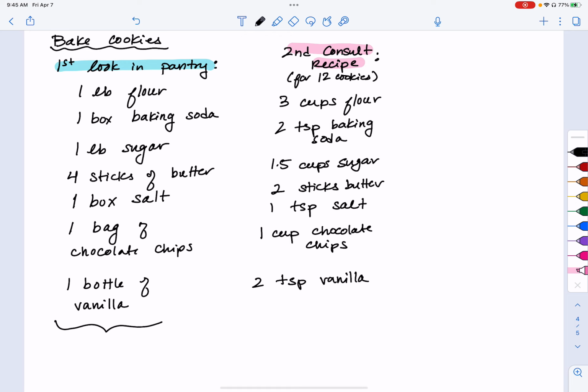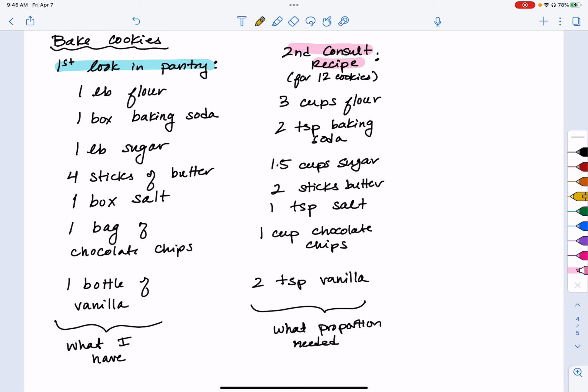So this is what I have available in order to react, what I have available in order to bake. And this is what proportion is needed at minimum to create some amount of cookies.